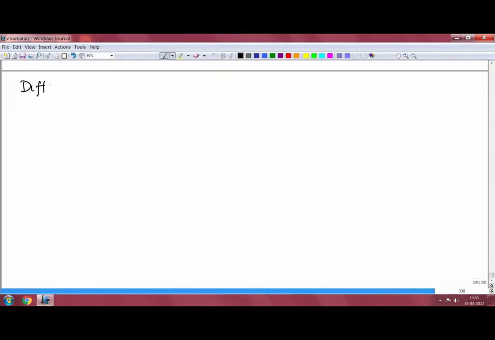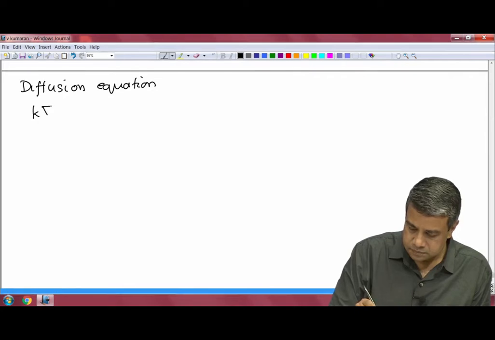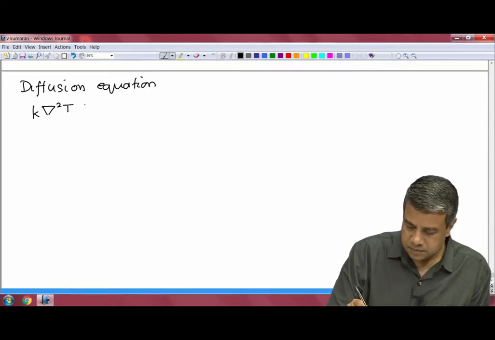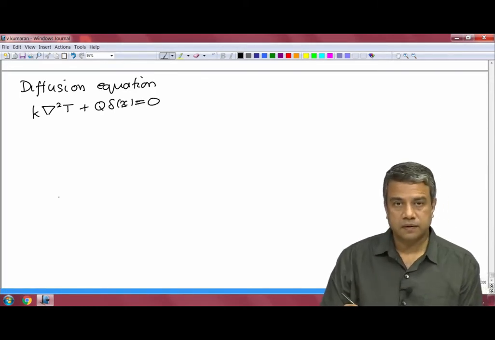So, in the previous series of lectures, we were examining the solution of the diffusion equation, which in this case was of the form k del square T plus q times delta of x is equal to 0 for a point source.